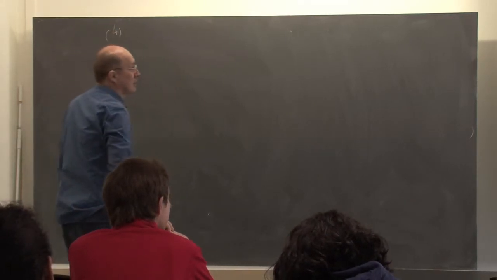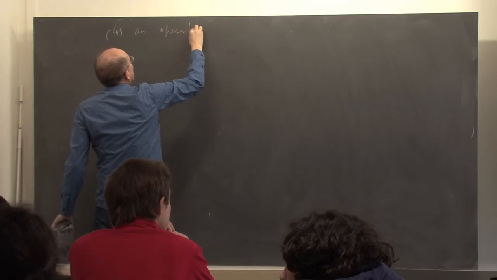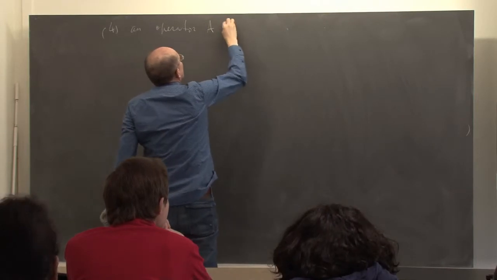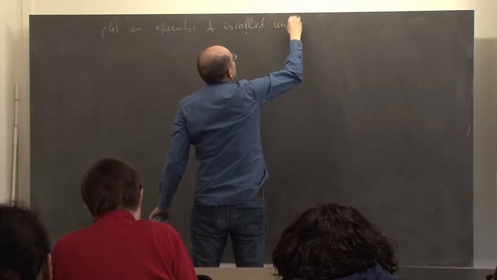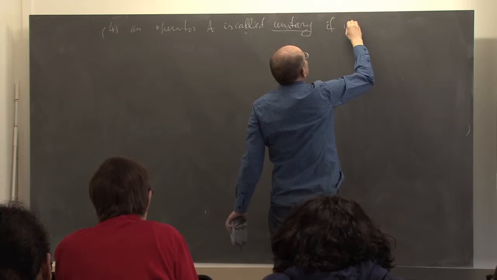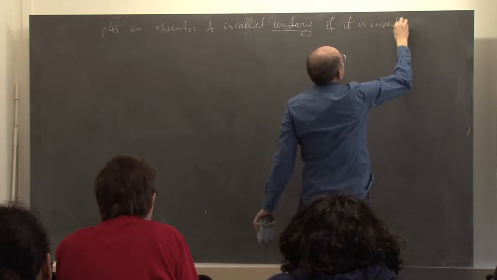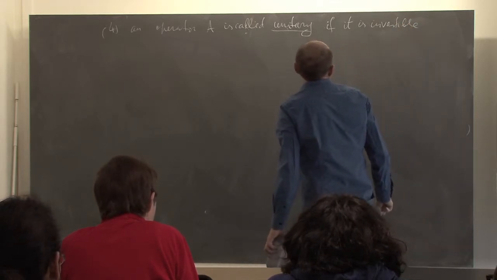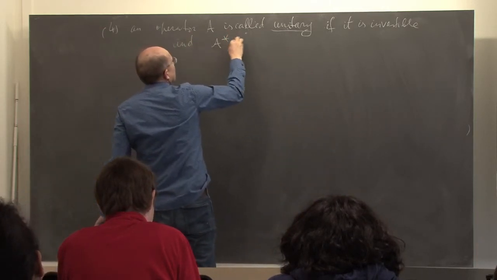Fourth part: an operator A is called unitary if it is invertible and its Hermitian conjugate is its inverse.